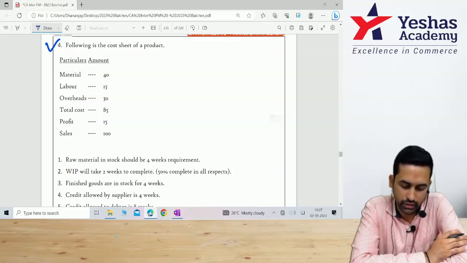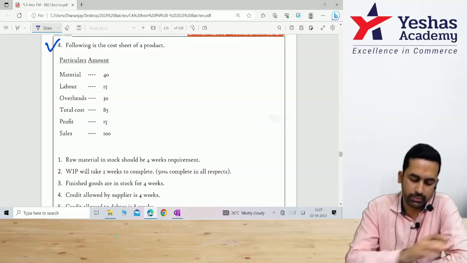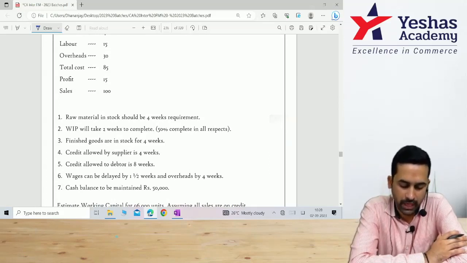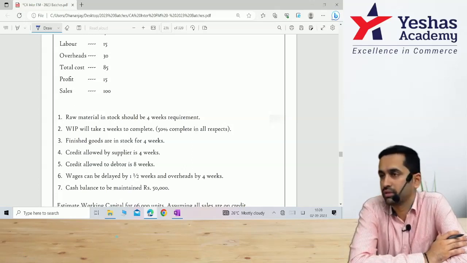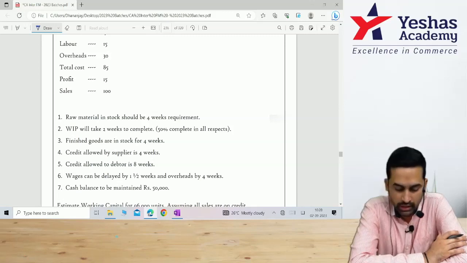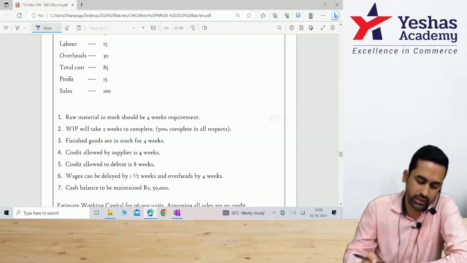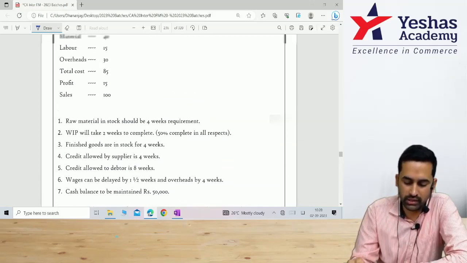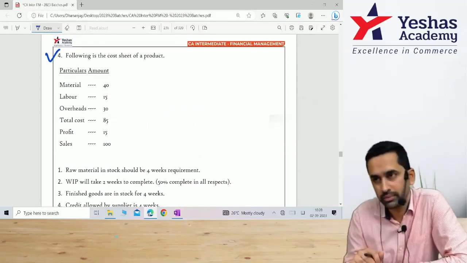Raw material in stock for 4 weeks, WIP for 2 weeks, FG 4 weeks, credit 4 weeks, credit allowed to debtor 8 weeks, wages can be delayed by 1.5 and overhead by 4, cash balance is 50,000. All of this I'll discuss one by one in detail. Next, they want you to estimate the working capital for 96,000 units, assuming all sales are on credit basis.